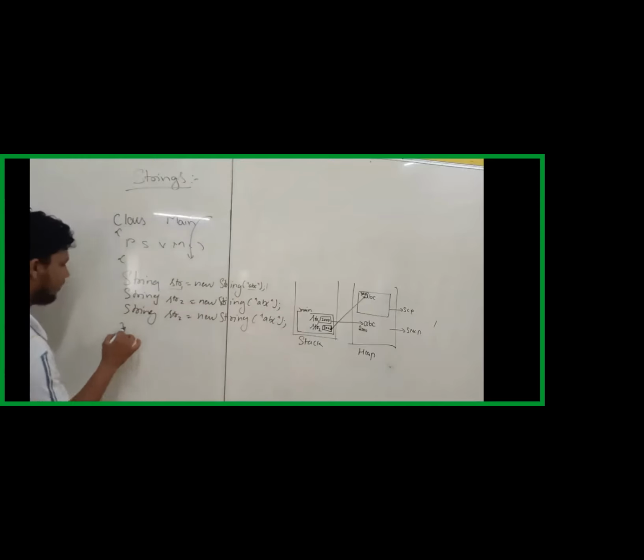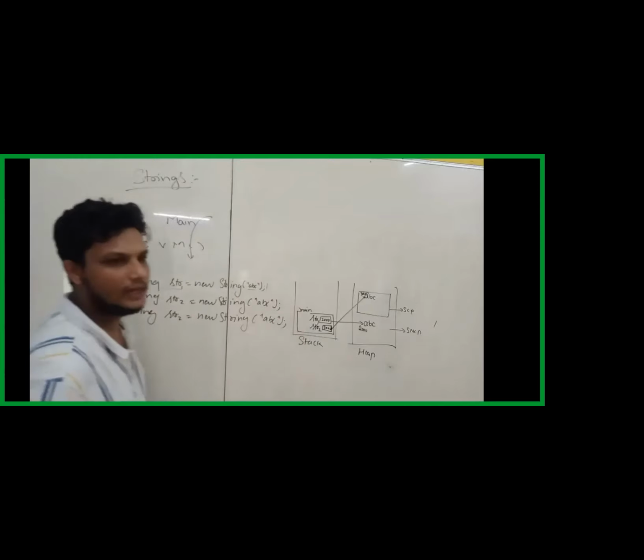Okay, write down for this one. All three are small abc. Quickly, I want to know how many are present inside a string constant pool and how many are outside.